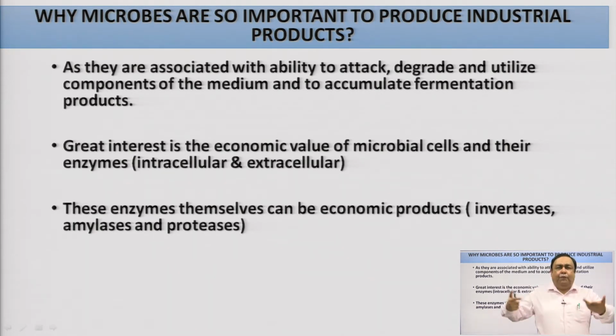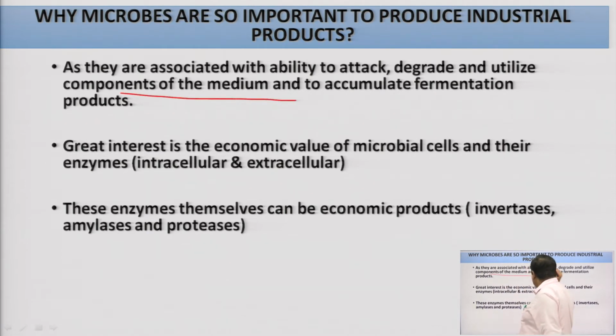But before I go further, we should first realize why microbes are so important for producing industrial products. The first thing is their ability to attack, degrade and utilize the components of the media and accumulate them into a fermentation product.